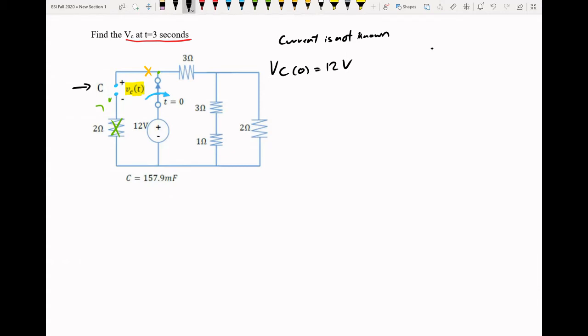Now, once we open this back up like this, there's no more current flowing from this branch. Sorry, let me fix this. Bam, bam. Okay.